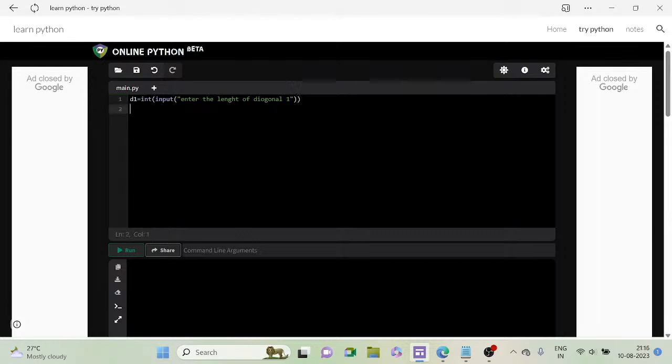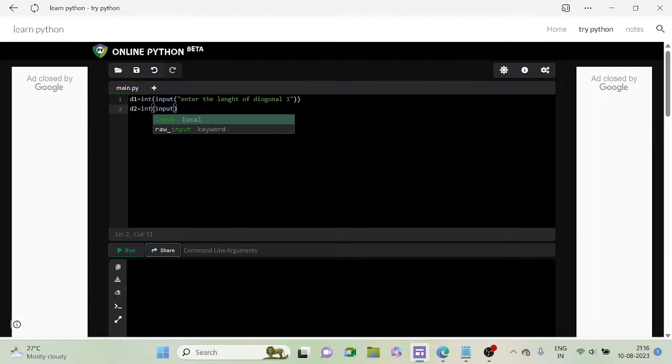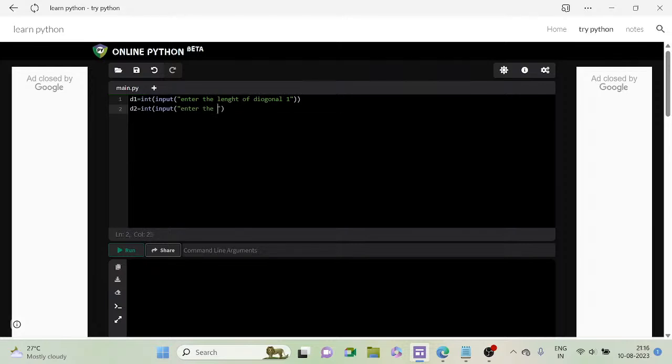At the next line, d2 equal to int, bracket, input, bracket, inverted quotes, enter the length of diagonal 2, and close the bracket.